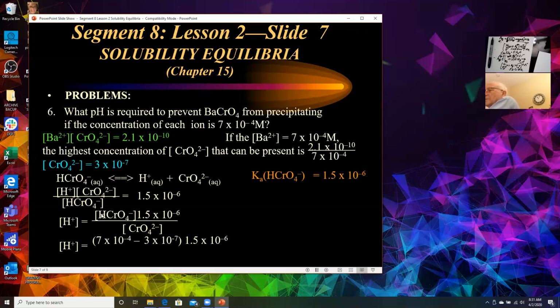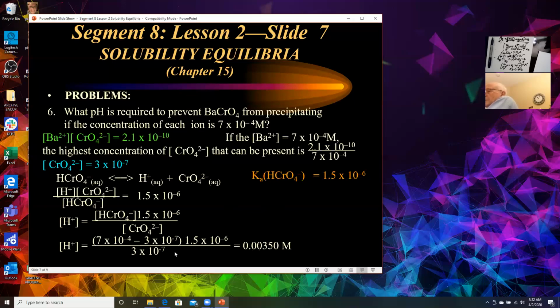The HCrO4 minus concentration that we calculated was this, minus whatever reacted. This is what we had, this is what reacted, and then multiplied by the 1.5 times 10 to the negative 6 divided by the 3 times 10 to the negative 7. So I can solve for that.